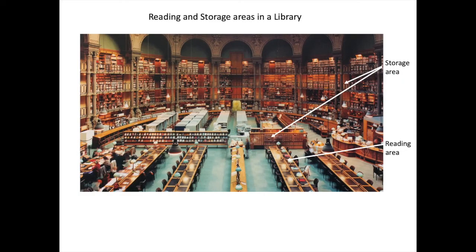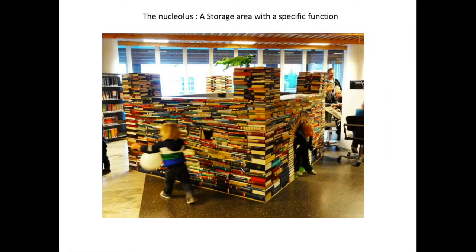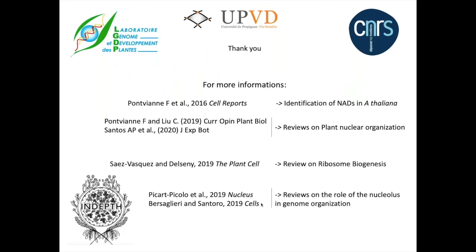If we look at nuclear organization as a library, we have storage areas at the periphery or in the nucleoplasm, which can be seen like closed books, and reading areas where information is accessible only if you open the book. The nucleolus also has a storage function, but really has a specific function in the middle of the library.